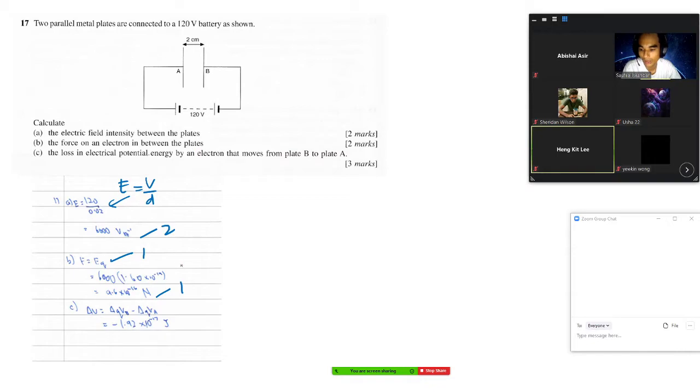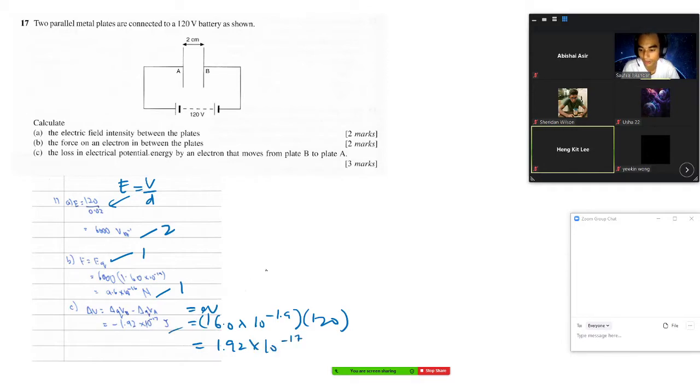And C, the loss in electrical potential energy. Loss of potential energy equals eV, which is correct. So 1.60 times 10 power negative 19 times 120, giving 1.92 times 10 power negative 17.